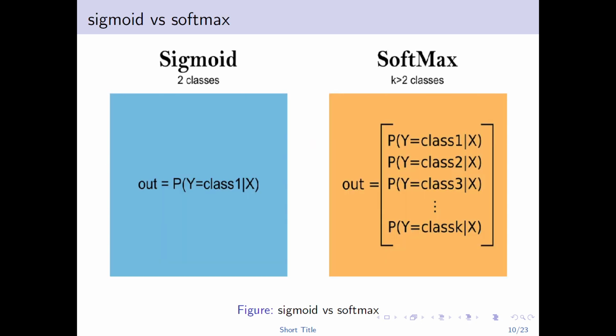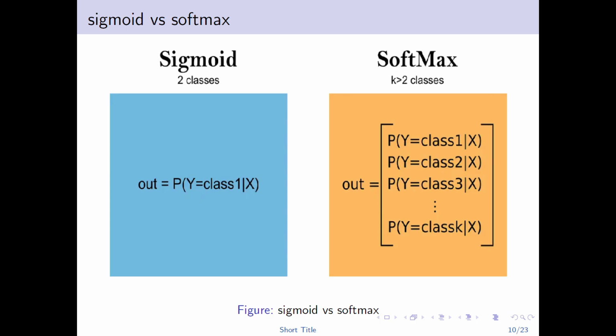Now, what is the difference between logistic regression, or the sigmoid function, and the softmax function? The sigmoid function is mainly used for 2-class classification. That means the output layer can have only a single neuron when we use a sigmoid activation function. Whereas if we want to classify an object into more than 2 classes, we have to use a softmax activation function.